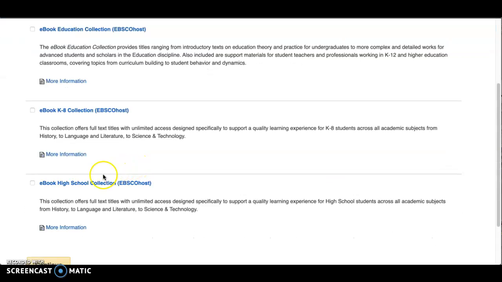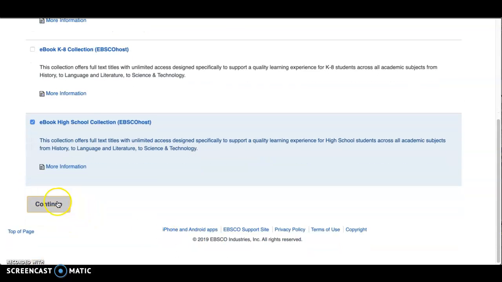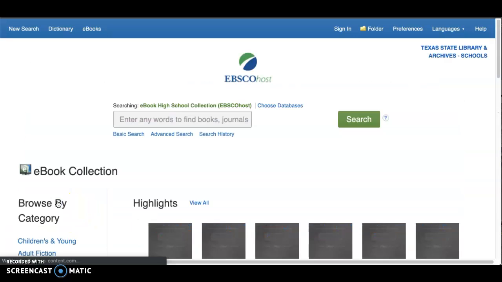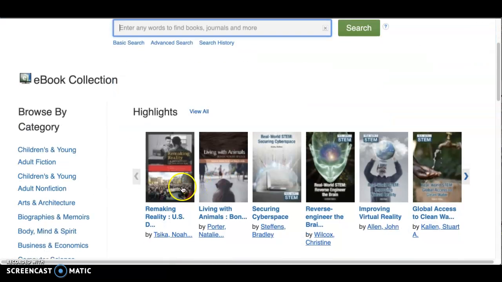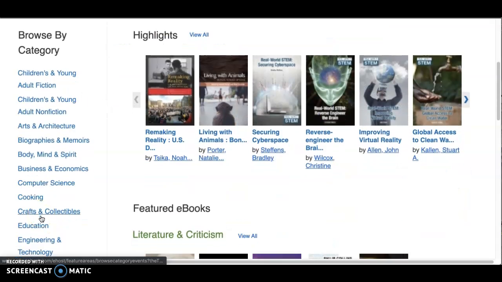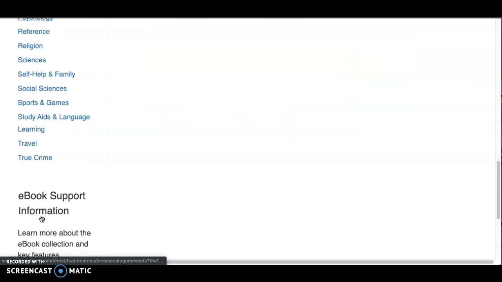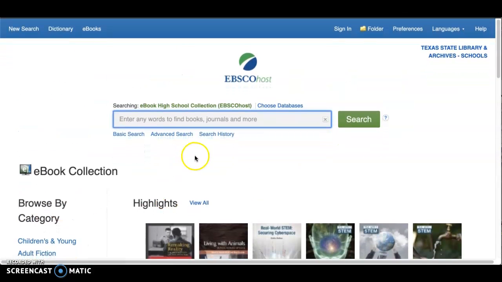And we're going to click on high school collection, as we are in high school. All right. Now, if you look at this here, we have some highlights. You can browse by category. Here are some featured books.